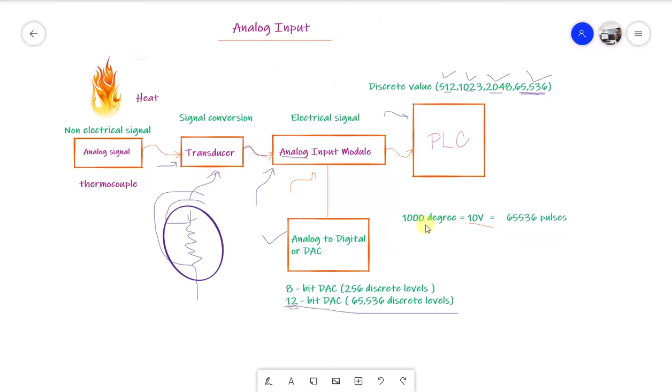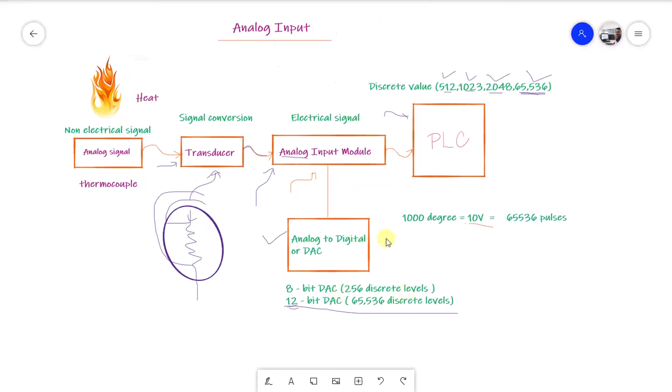Suppose the process value is 500 degrees Celsius, then the analog module will give the PLC half the value of 65,536. Now we are able to read the temperature from the field with the help of a thermocouple, an isolation converter, and an analog input module.